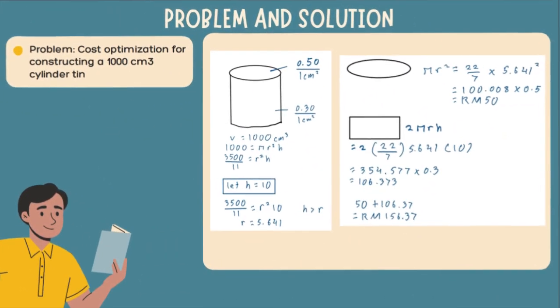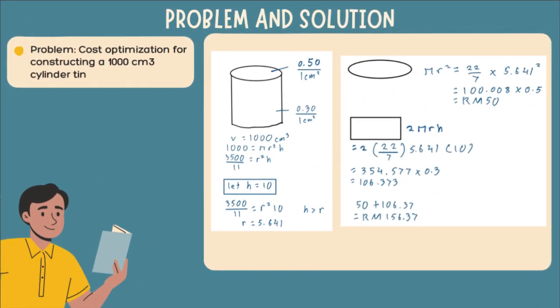Hello, my name is Ali Afnan. So right now I'm going to talk about the problem and solution. The engineering project we are working on requires us to create a 1000 cm cube cylindrical tin at a reasonable price. The material used to build this tin will cost different amounts for each section.